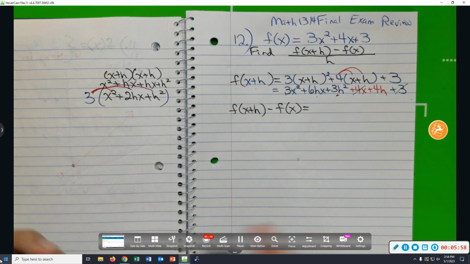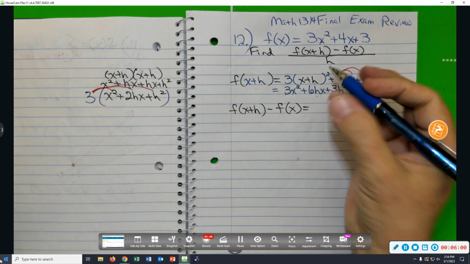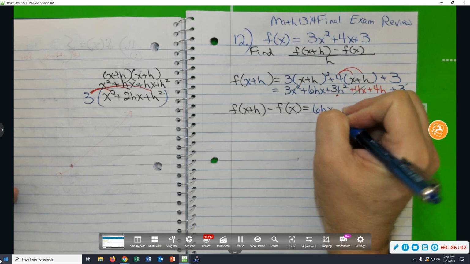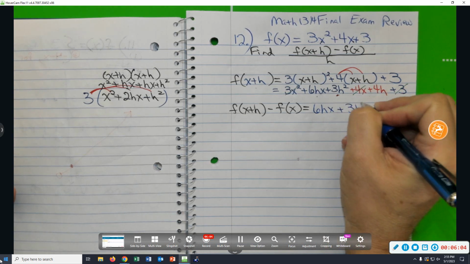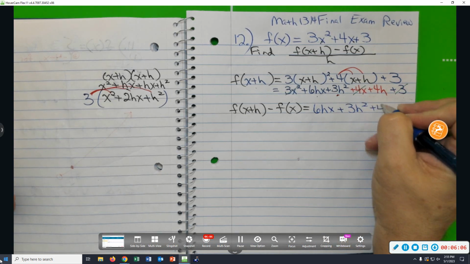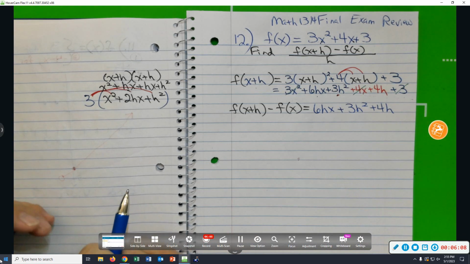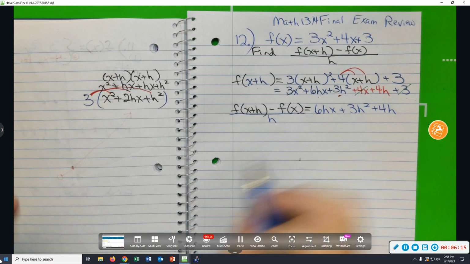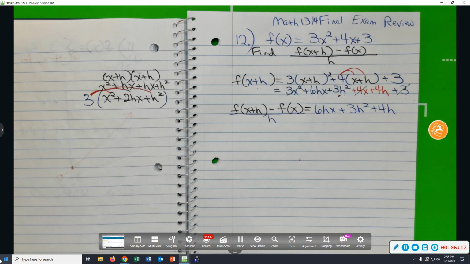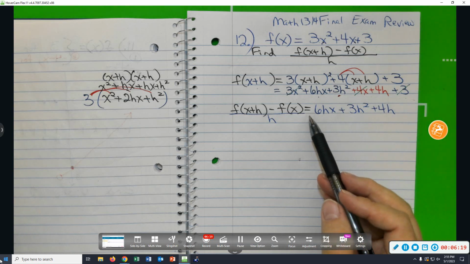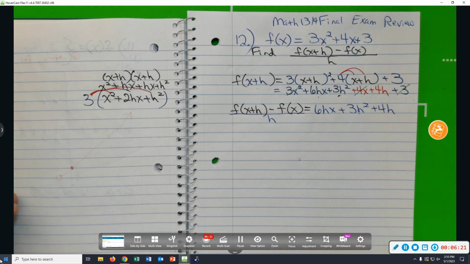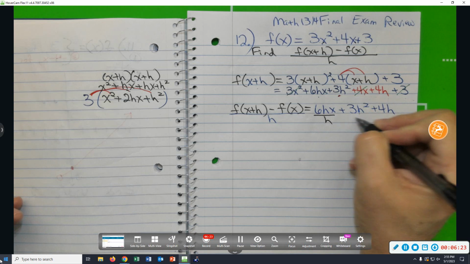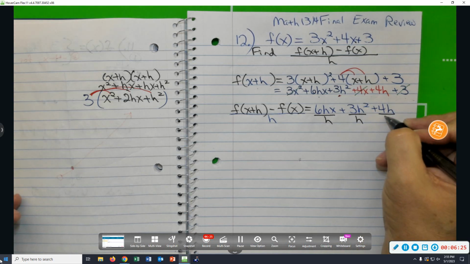So you have 6hx plus 3h squared plus the 4h. Then we need to divide by h. The quickest way to do that division by h is to divide each term by h. So I'm going to go over h, over h, over h.